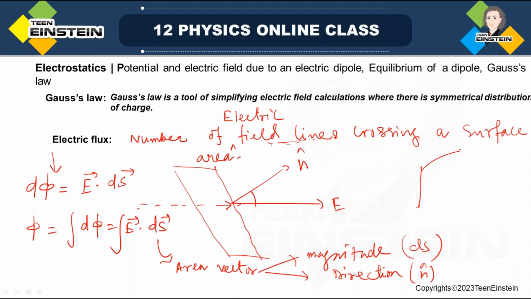Suppose I have a surface like this. Should I take this inside as the normal, or should I take this outside? We need to remember two things.